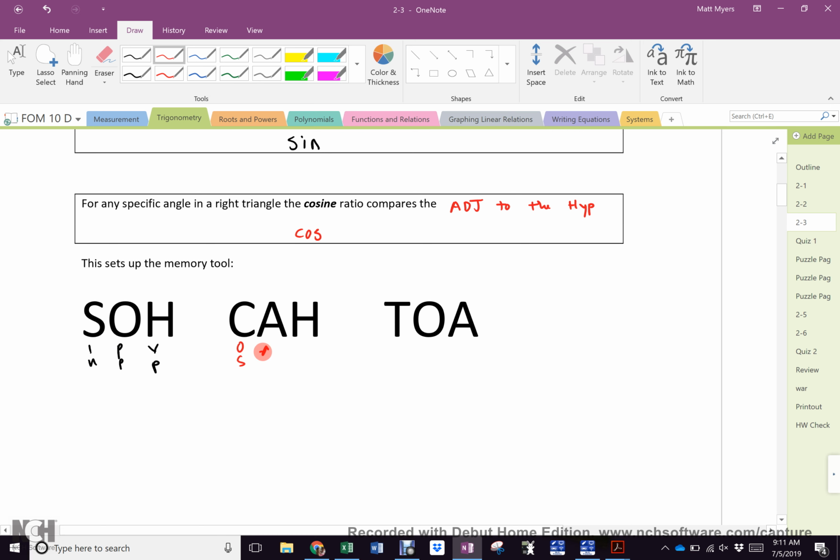Cos, adjacent, hypotenuse. And tan, opposite, and adjacent.